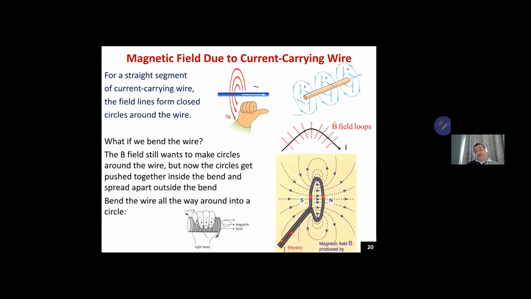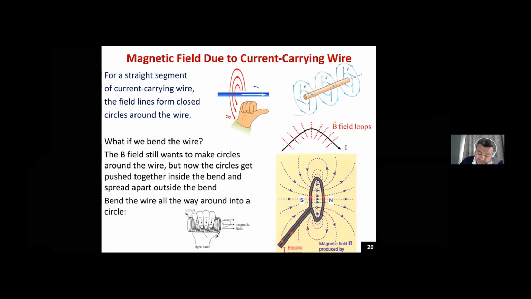In this case, the magnetic field will continue to make those circular shapes around the wire, but because now I made it a loop, on the axis that goes through the center of the loop, the magnetic field will be perpendicular to that loop.